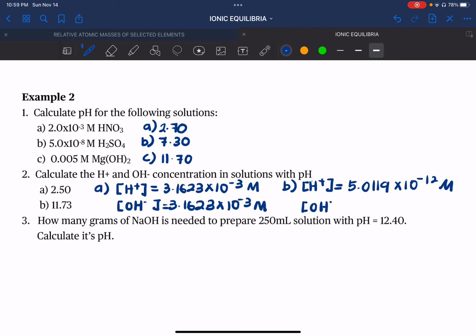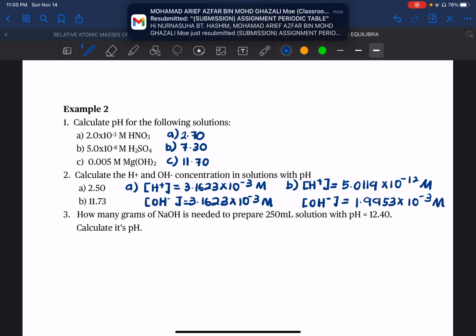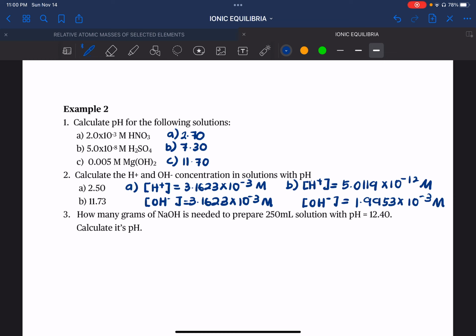Concentration of OH minus, you should get 1.9953 exponent negative 3 molar. Okay, guys, do the next one. The last one. How many grams of NaO is needed to prepare 250 milliliter solution with pH of 12.0?